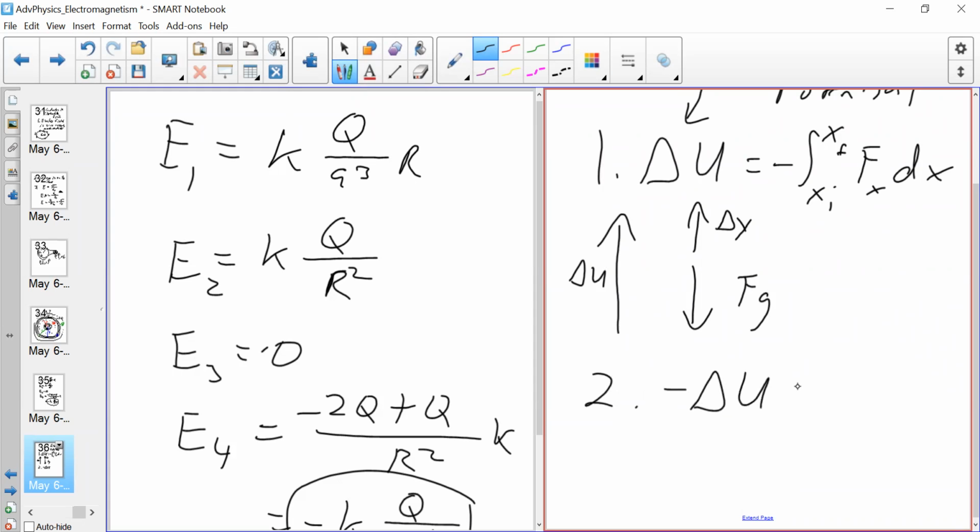Negative delta U equals the integral of Fx, where Fx is the force in the x direction. It's the same thing. If I do positive work here, I am losing potential. If I do negative work here, I'm gaining potential. This is an object being raised into the air. This is the object being dropped.